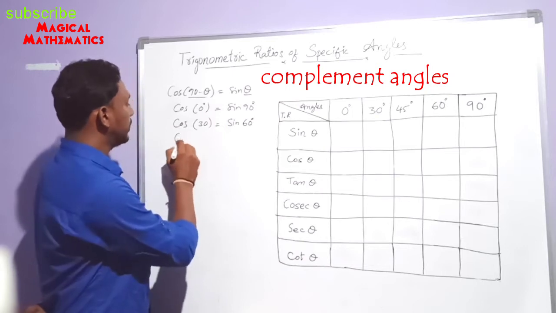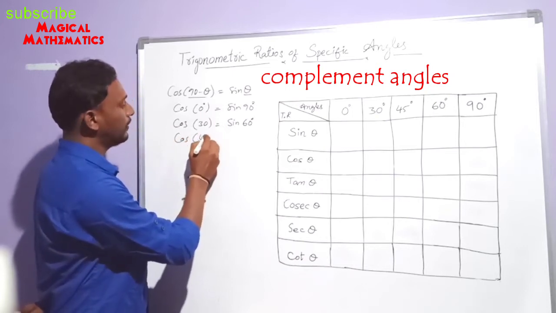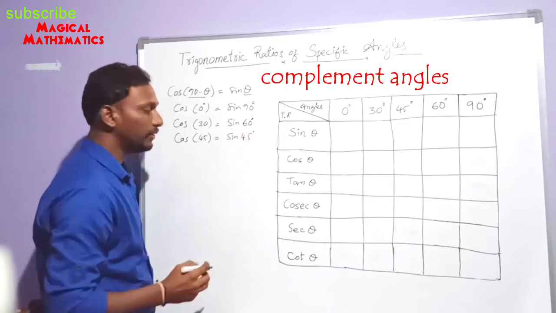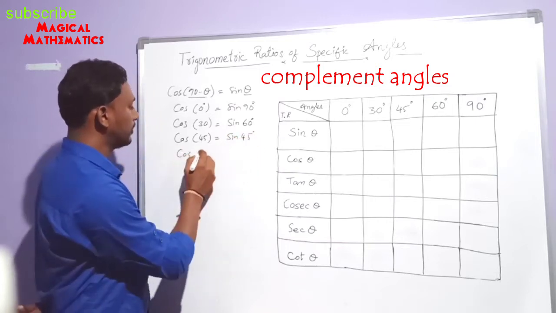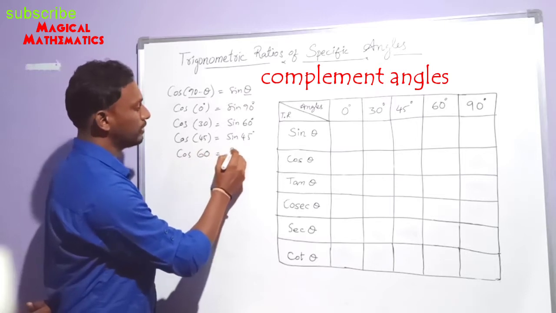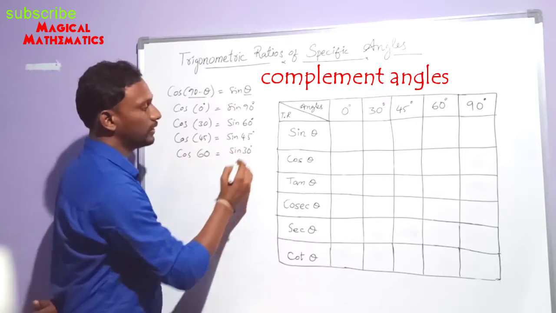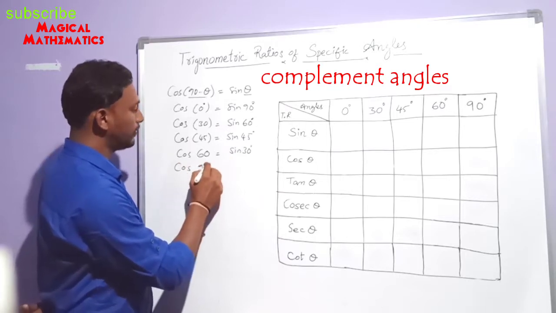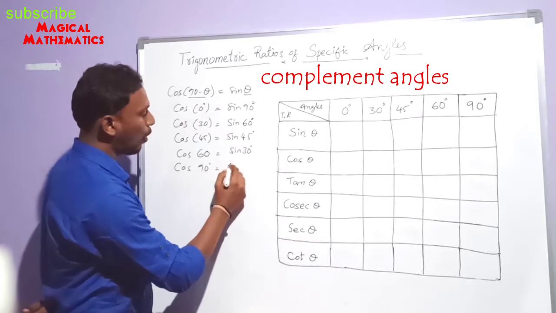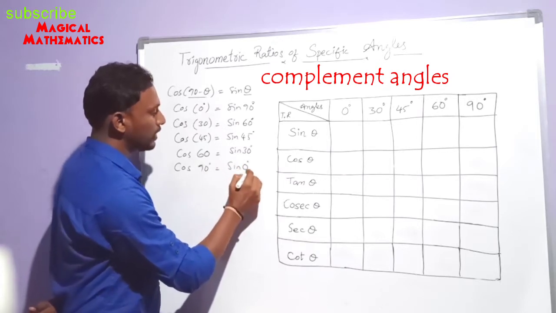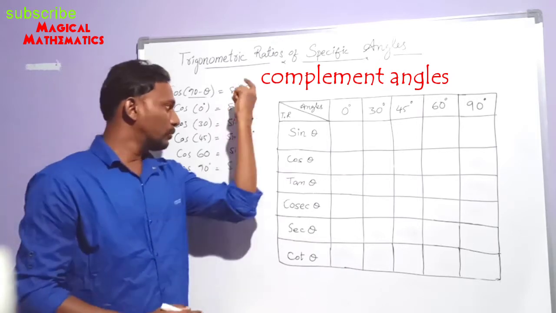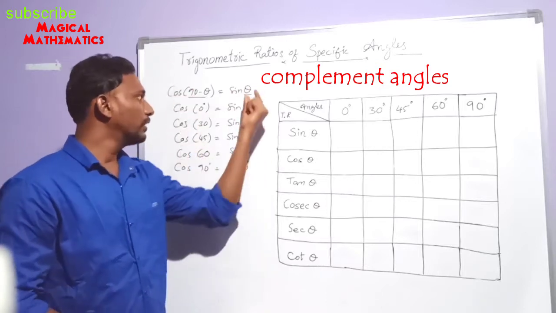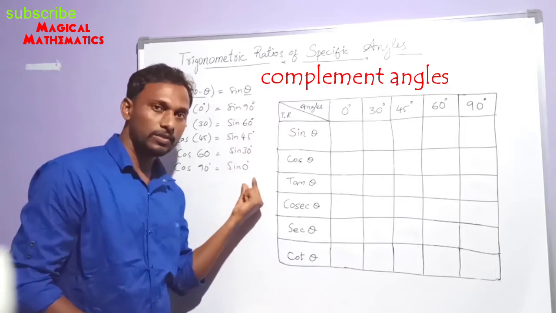Next, cos 45 will be sin 45, then cos 60 will be sin 30, and then cos 90 will be sin 0, right? By this we can understand that the cos values all depend on the sin values.